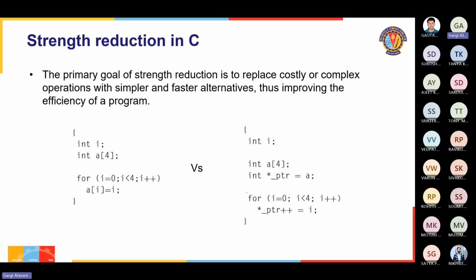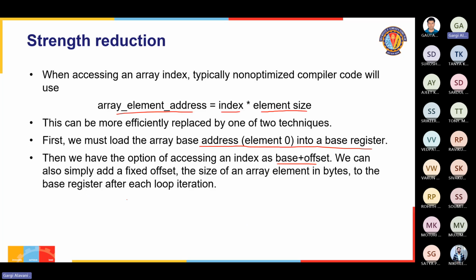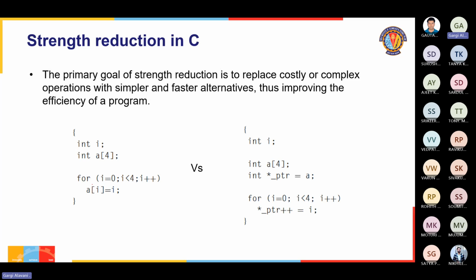So the difference between the two is here we are doing A of I is equal to I. So here what is happening is every time we are taking the index and multiplying it by the element size. Every time we fetch data, we are doing the calculation of the index and then updating this data.